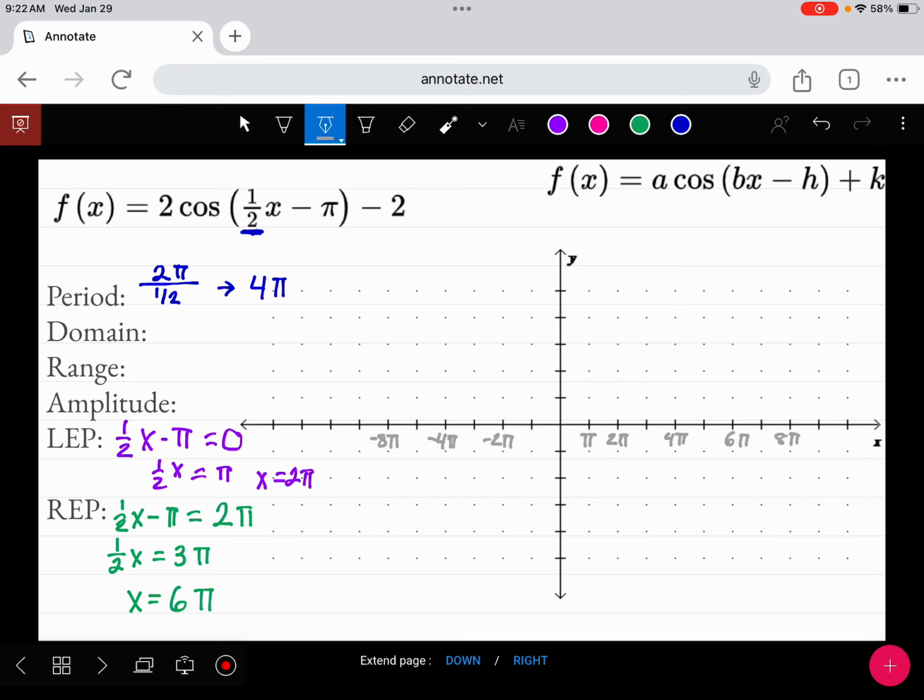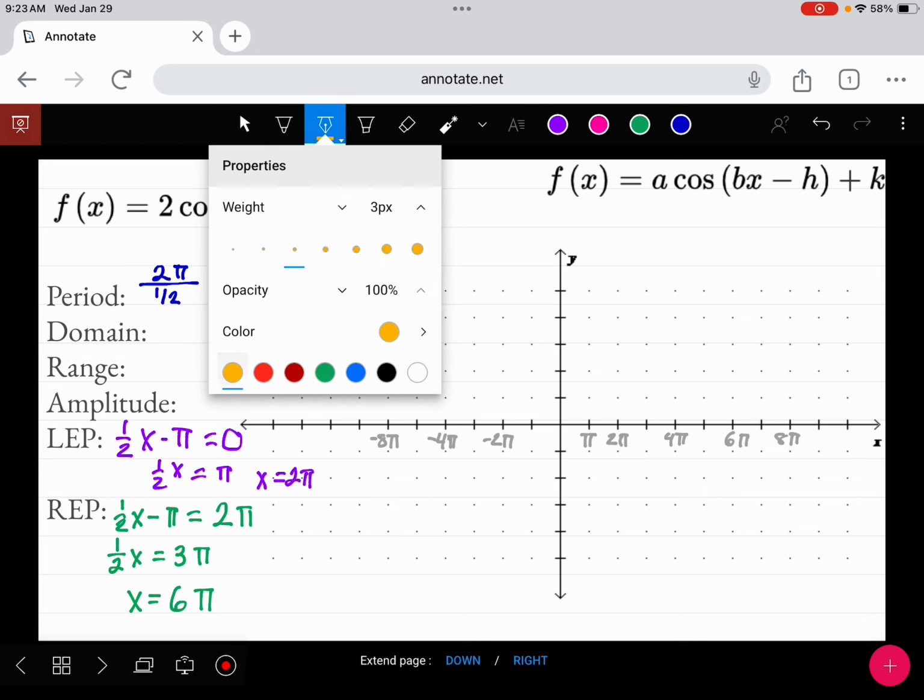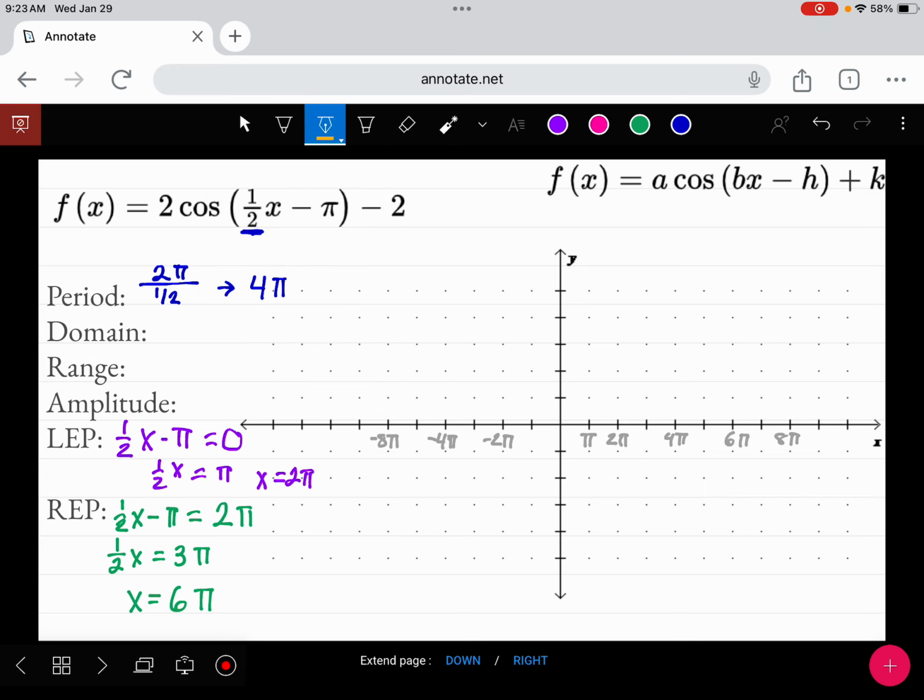So before I do any points, we need to figure out where the center is, where our midline is, and we need to figure out our amplitude. So we do have a vertical shift.